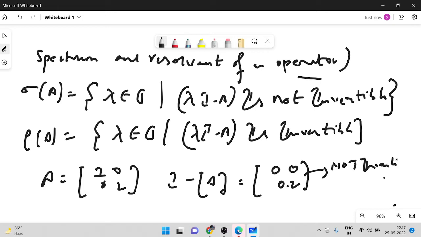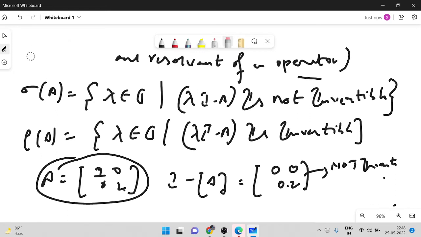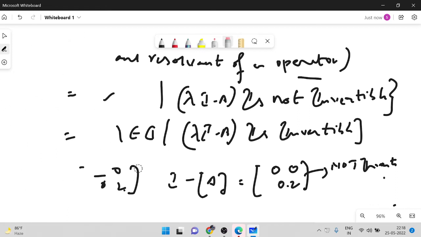So for this particular A, 1 and 2 are in the spectrum of the operator. So basically for finite dimensional operators, the spectrum and the eigenvalues are the same. The eigenvalues of a matrix are the spectrum, and all the complex numbers except the eigenvalues are in the resolvent of the matrix.